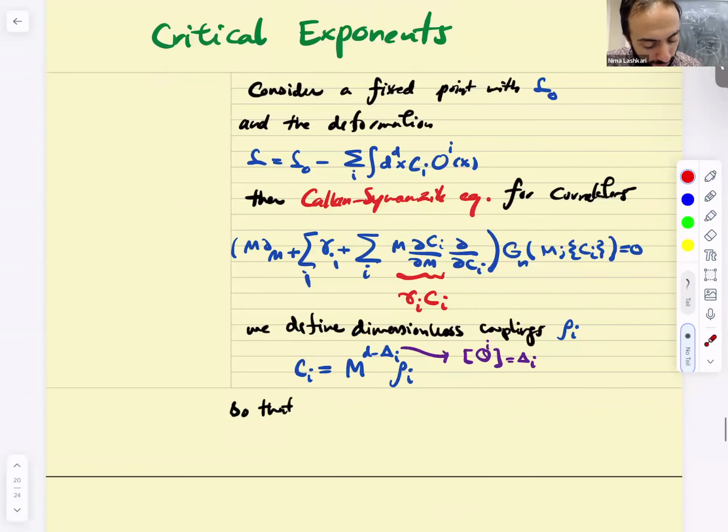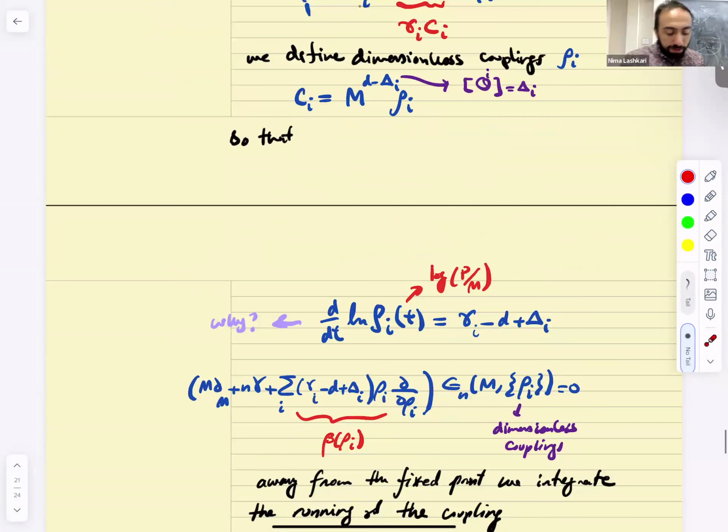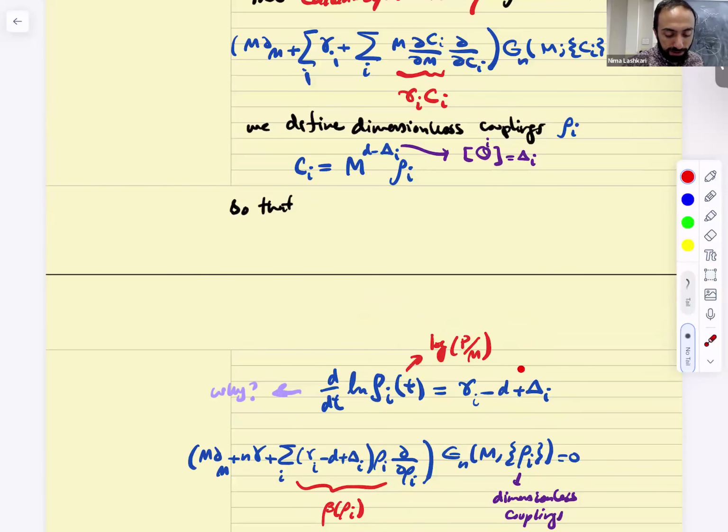Now, change of variables. We already introduced the variable t equals log of p over M. So d/dt of ln of rho_I, the dimensionless couplings, is going to be gamma_I minus (d minus delta_I). This is a one-liner. Think about why, because we're running out of time.